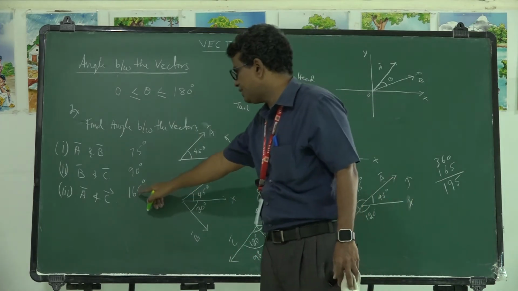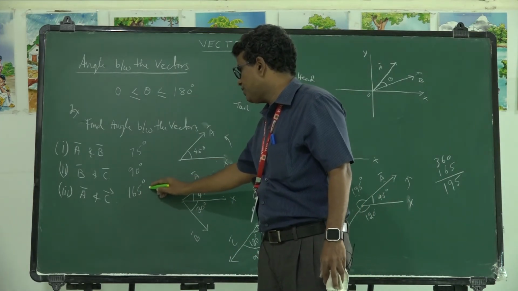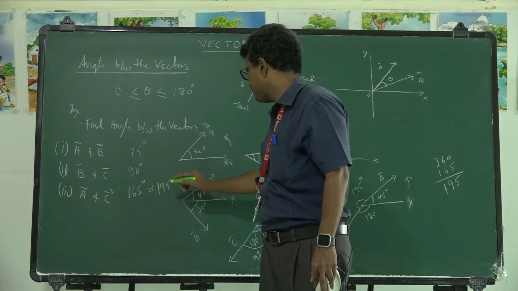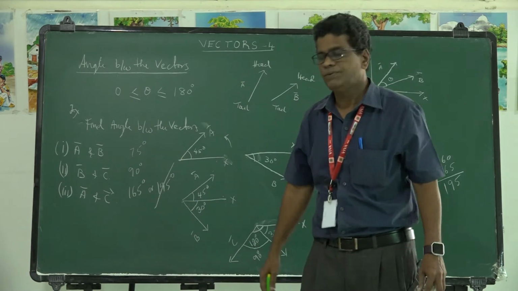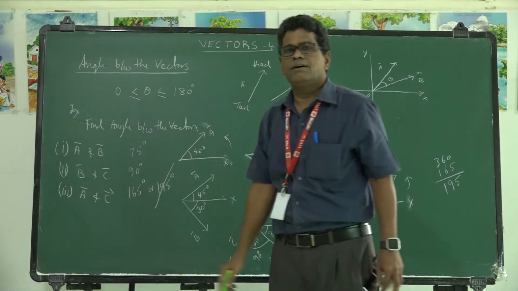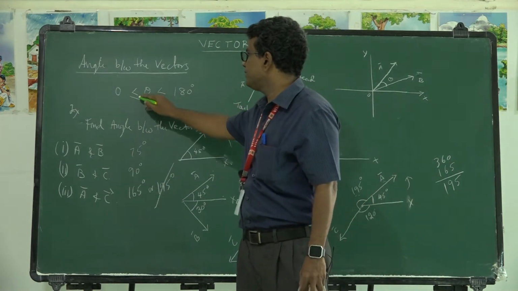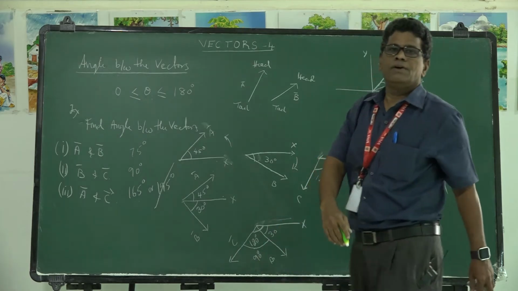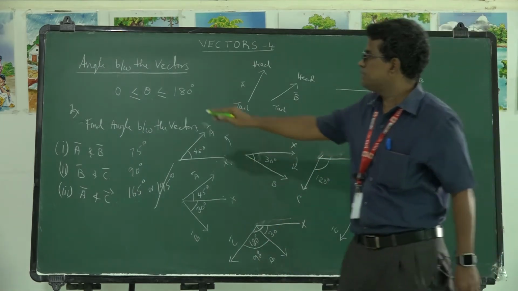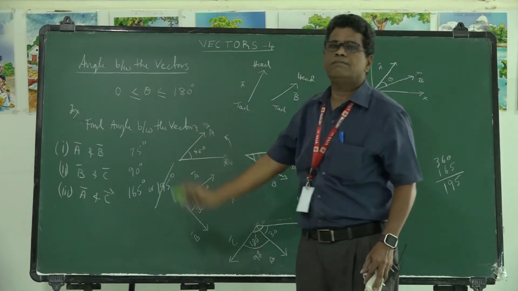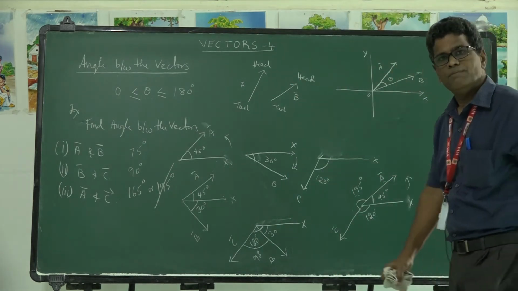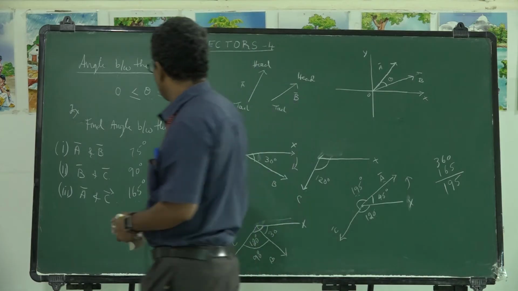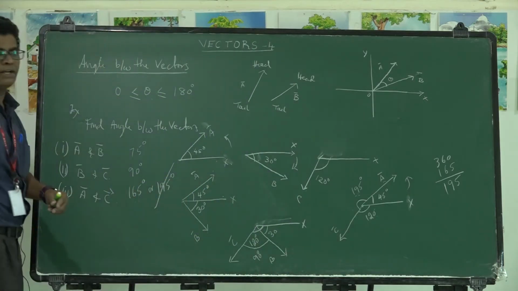So 195 is the wrong answer. 165 is the right answer, because the angle between the vectors should lie between 0 and 180 degrees. Clear? This one is the angle between the vectors.